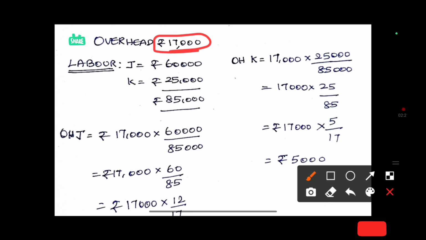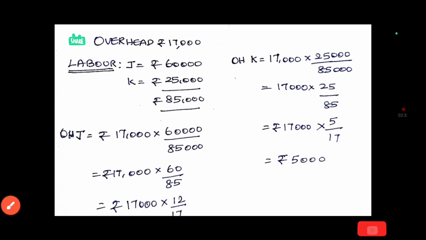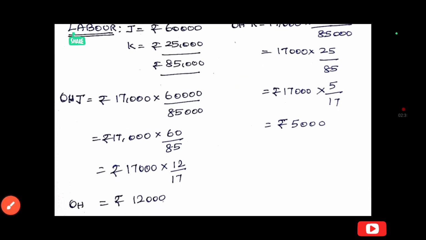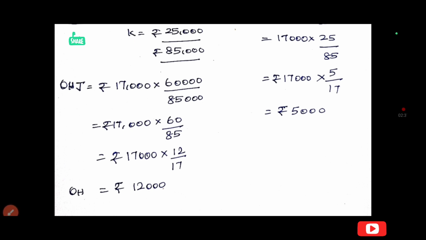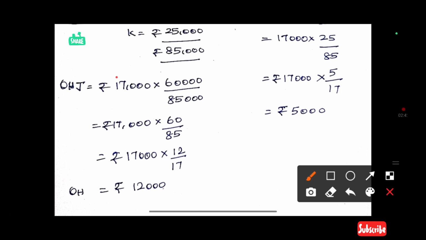J's labor cost is 60,000, K's labor cost is 25,000. Adding both processes' labor, you get the total labor cost of 85,000 rupees. Then let's apportion the overhead with the labor.